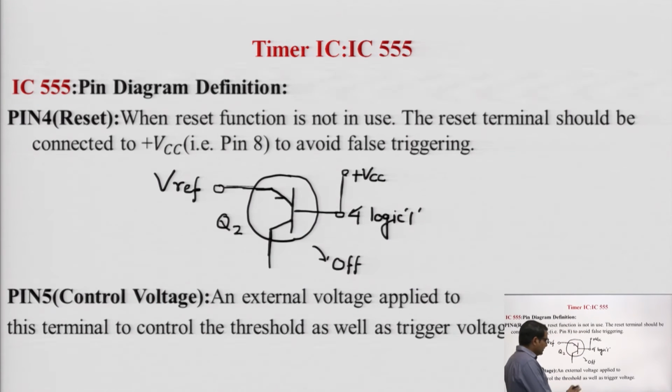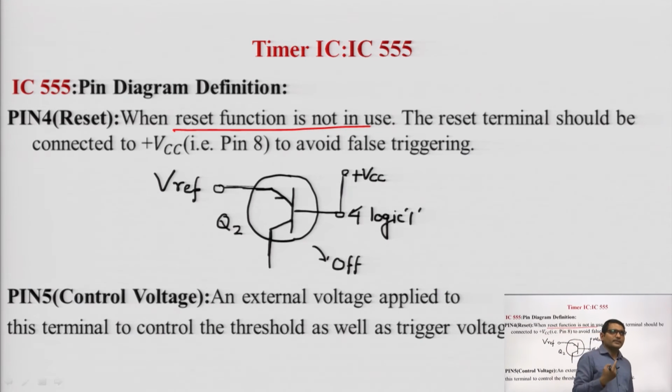Let's suppose that when reset is not in use, we don't use pin number 4, then we can never leave pin number 4 floating. When the reset function is not in use, the reset terminal should be connected to pin number 8.